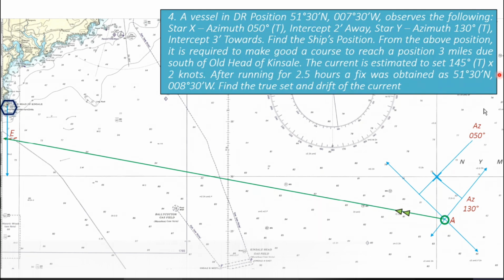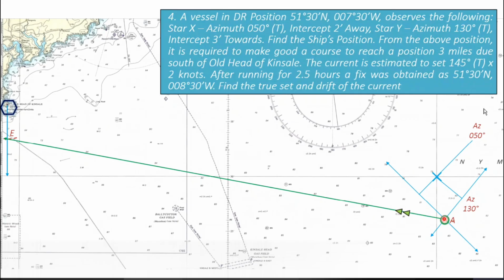The current is provided to us. Set and drift of the current is provided to us in the chart. The estimated set and drift is 145 and the rate is 2 knots. So starting from point A, my initial position, I am going to make my course, distance and current vector triangle for 1 hour.